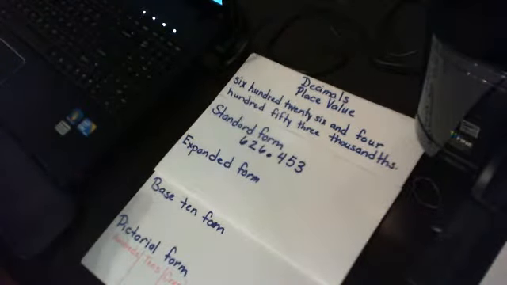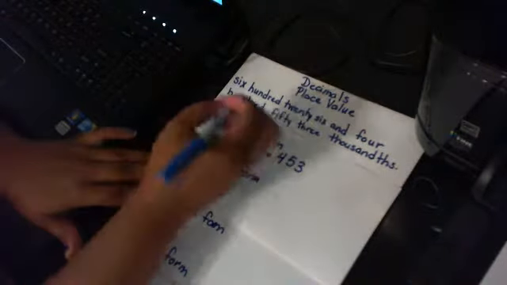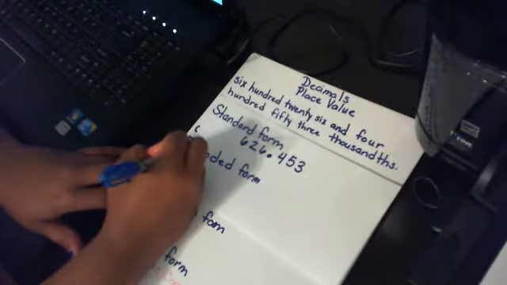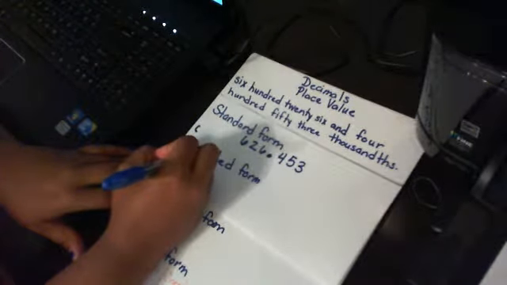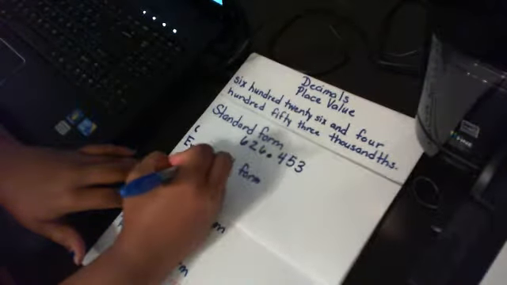Now we have to put it in expanded form. Just like with our whole numbers, we're going to do the same thing. However, you'll notice when we get to the decimal part, it will look just a little bit different. So I'll get parentheses. Oops, wrong place. Parentheses. 6 times 1 with 2 zeros.